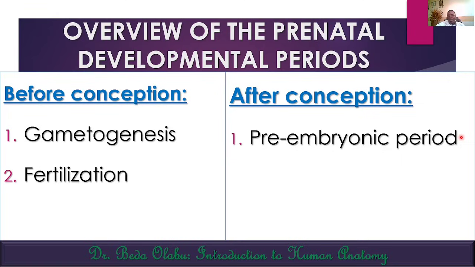During these first 2 weeks, some key things happen. One of them is basically that the conceptus, whatever has been formed, will move from the site of fertilization to the site of implantation. Implantation is the attachment. Apart from that, during this period, we'll also have implantation itself.